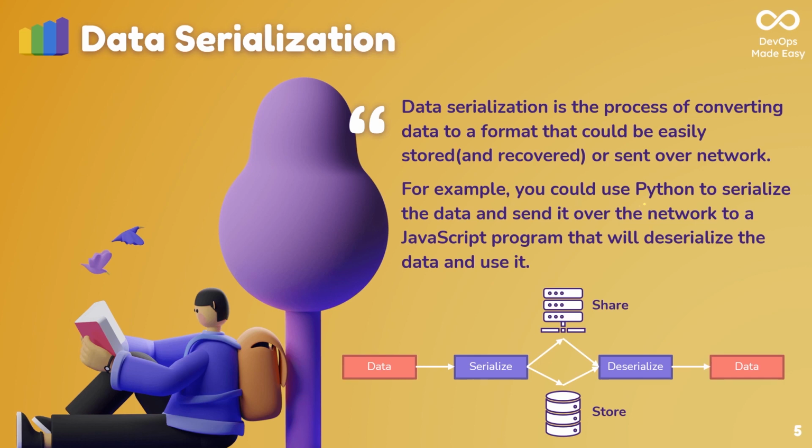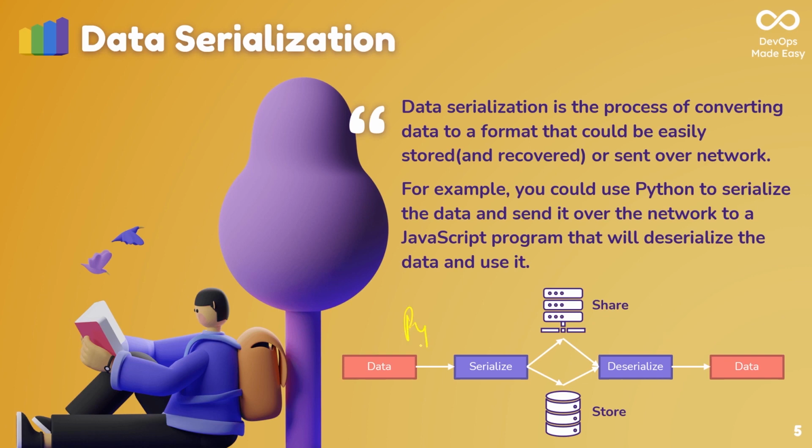For example, you could use Python to serialize the data and send it over the network, and on the other side, a JavaScript program can read that serialized data and deserialize it. So the whole process is the reverse of the first process. That means initially the serialization process takes place, and at the other end the deserialization process takes place. Once you serialize the data, you can either store it or share it over the network so that the other side can read it.